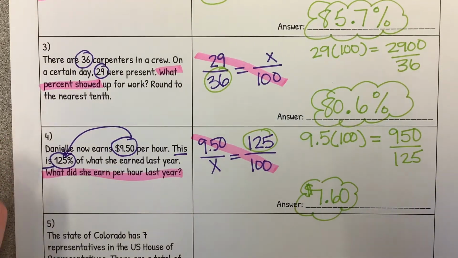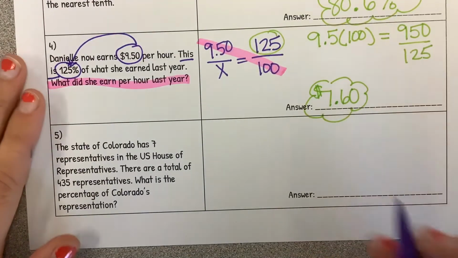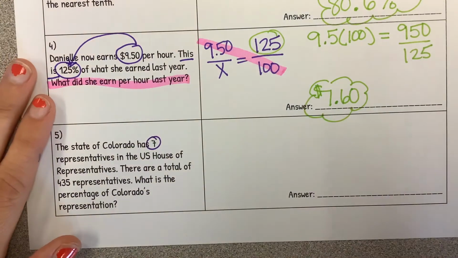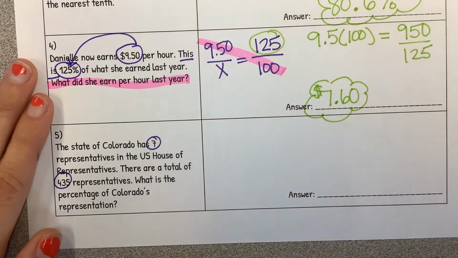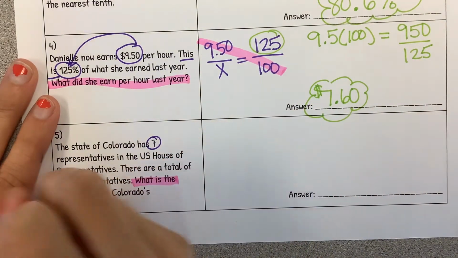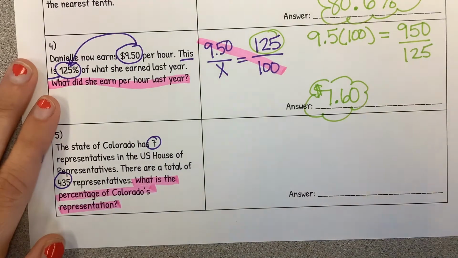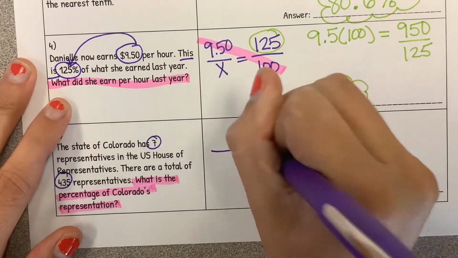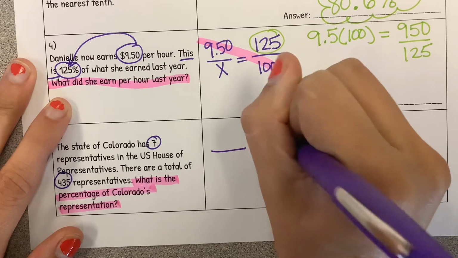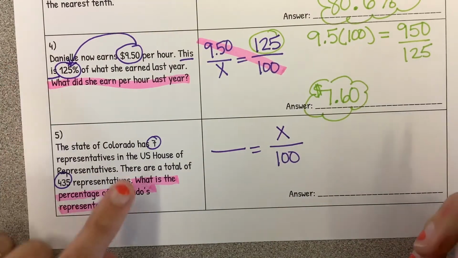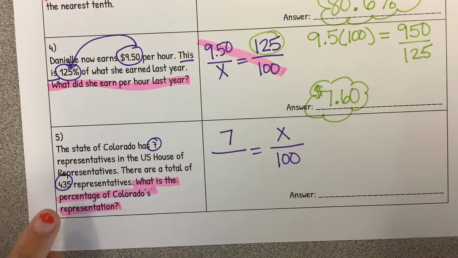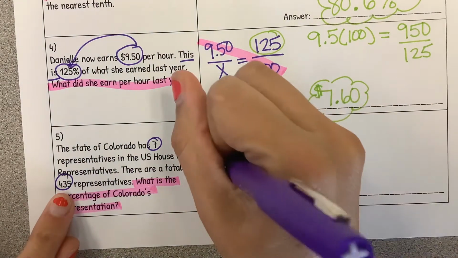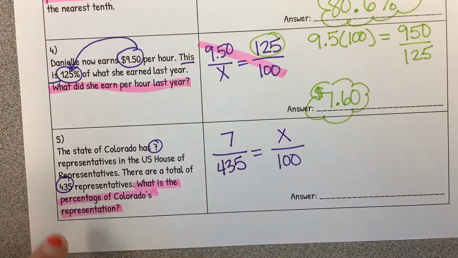All right, number 5. The state of Colorado has 7 representatives in the U.S. House of Representatives. There are a total of 435 reps. What is the percentage of Colorado's representation? So we are solving for the percent. The 7 that Colorado has is part of the whole entire representatives of the U.S. The 435 is the total.